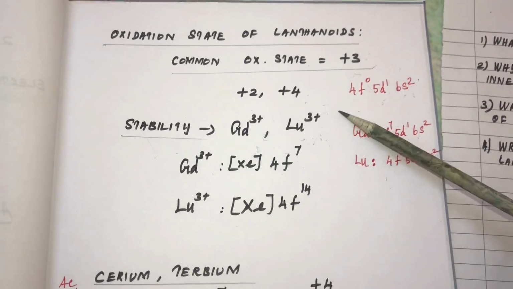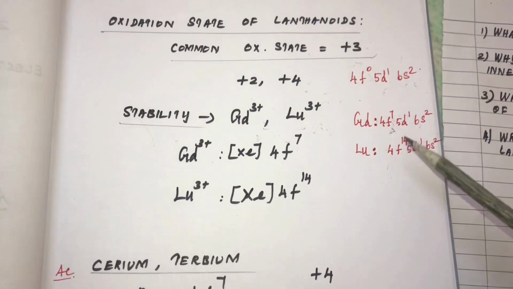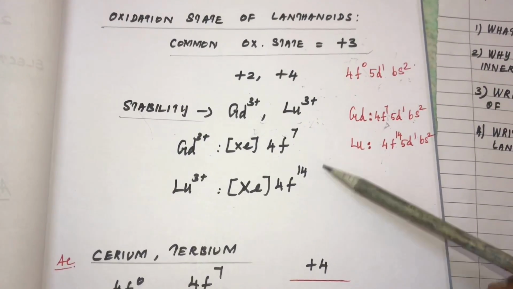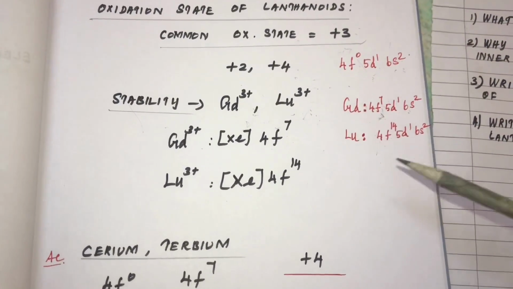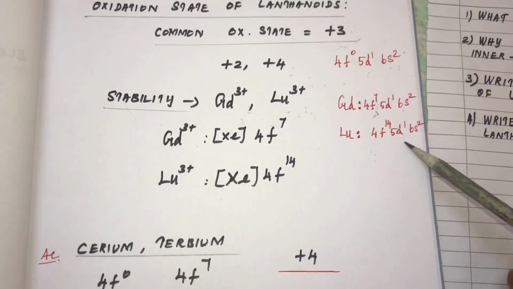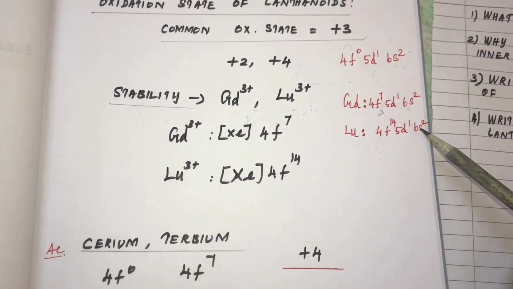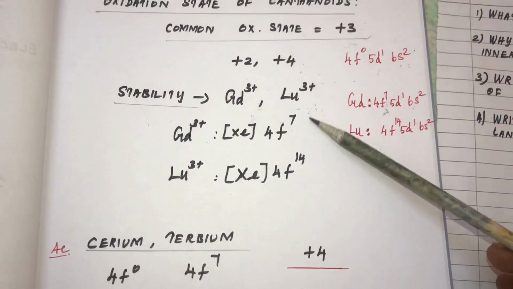Similarly, the lutetium 3+ ion is found to be more stable. In the case of lutetium, if 3 electrons are involved in bond formation, it gives lutetium 3+.